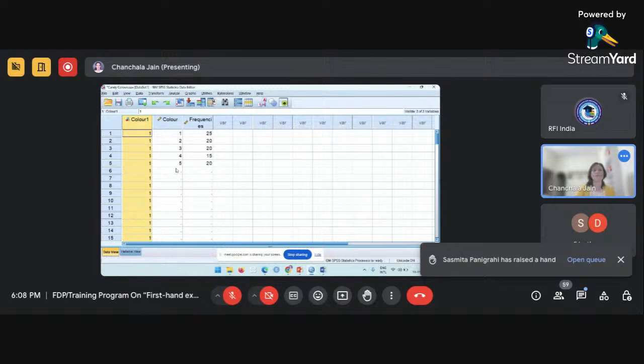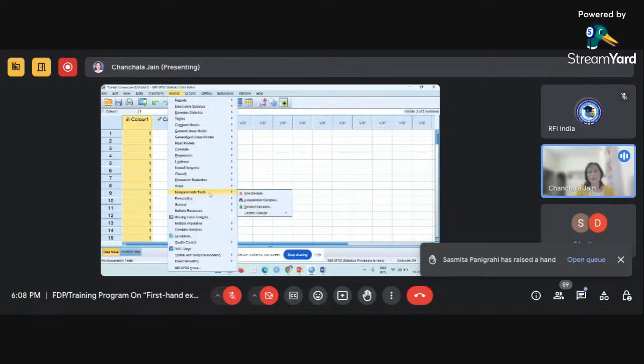Now, how to perform chi-square goodness of fit? For that, you need to go to the analyze menu. Click on non-parametric tests and then click on the legacy dialogs. And from this, you need to select the chi-square. So this is the way to reach the chi-square goodness of fit.